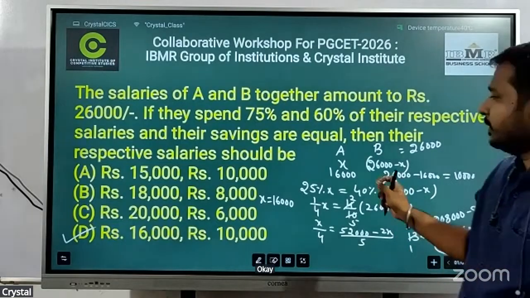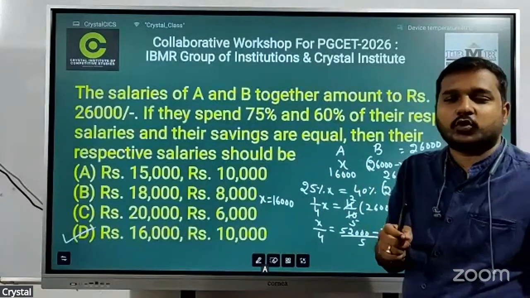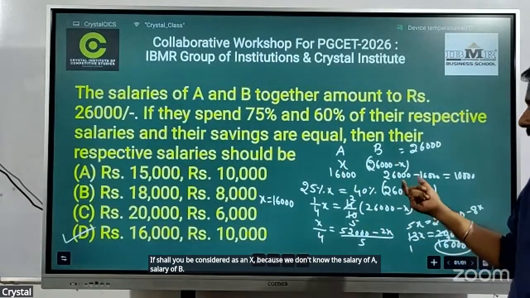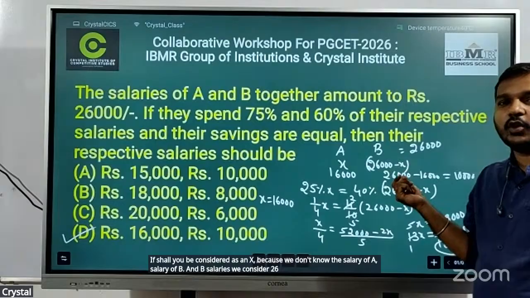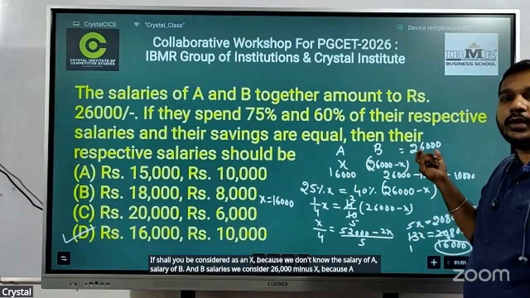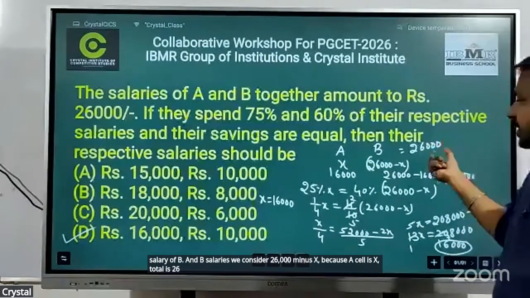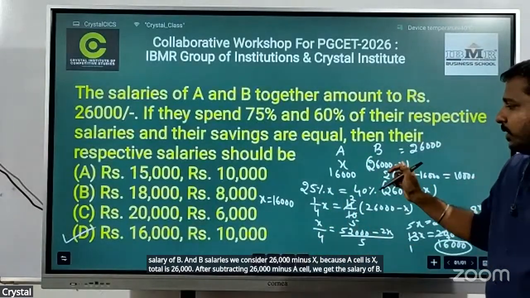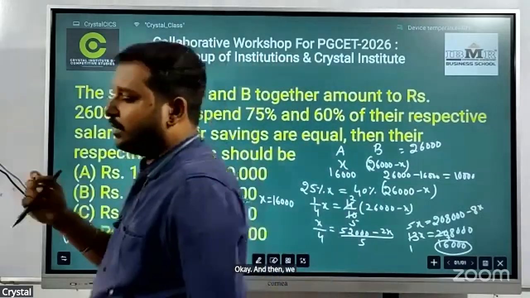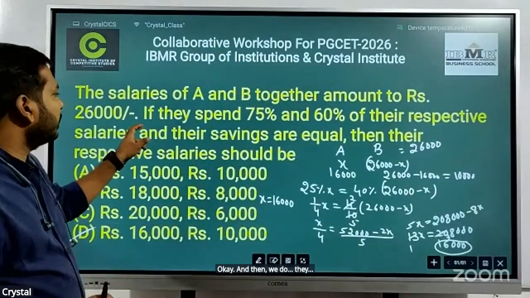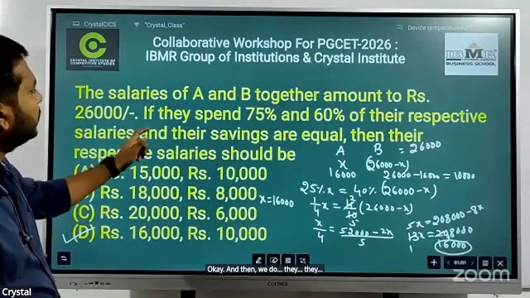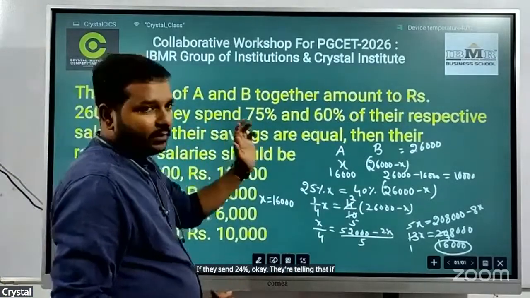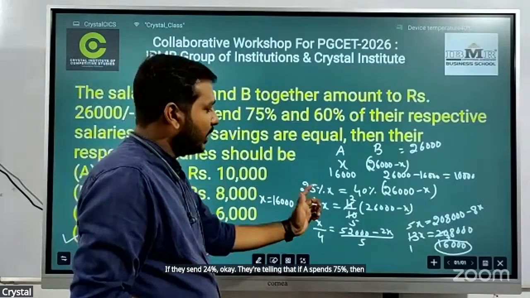A's salary we consider as X because we don't know the salaries of A and B, and B's salary we consider 26,000 minus X, because A's salary is X and the total is 26,000. After subtracting A's salary from 26,000, we get the salary of B. If A spends 75%, then his saving is 25%.